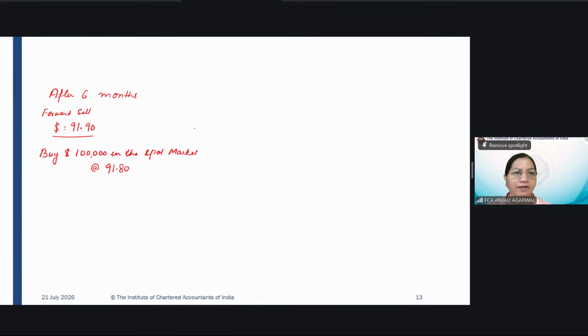It was sold for 91.90, but you are buying it at rupee 91.80. So there is a gain of 0.10 rupee per dollar multiplied by $100,000. So there is a gain of 10,000 rupees here.